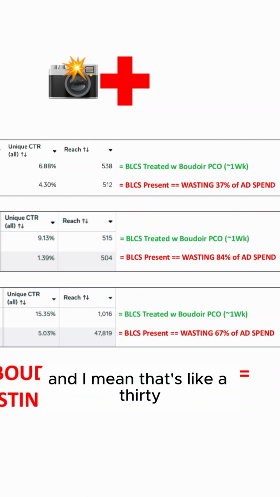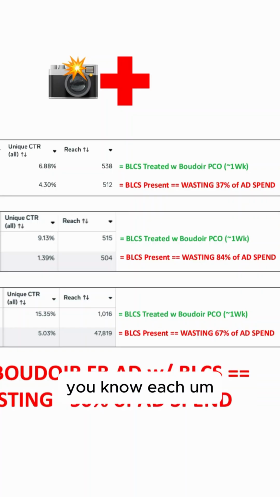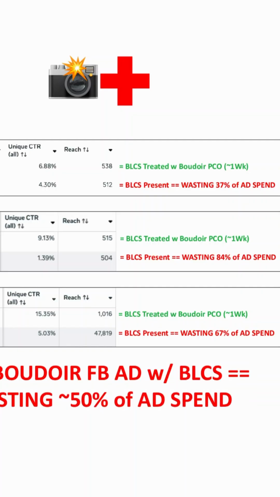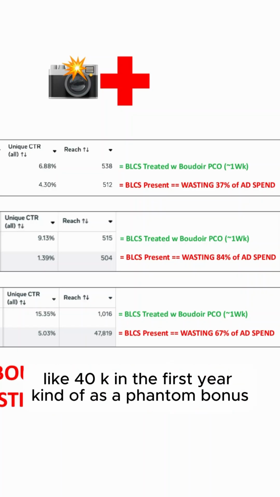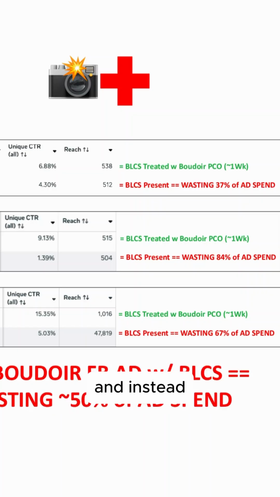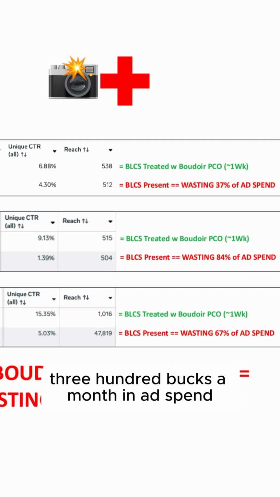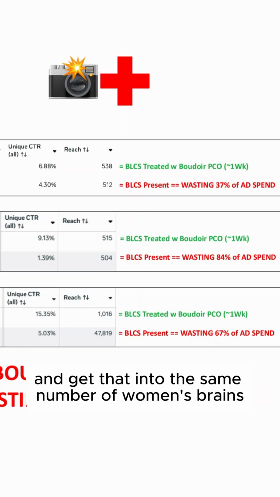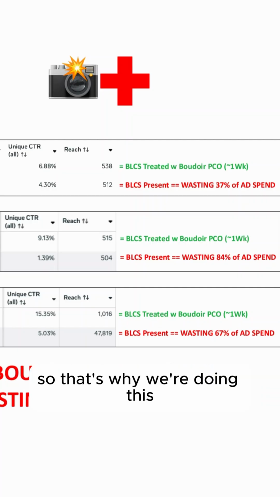That's like a $3,700 bonus each month, actually about 40K in the first year, kind of as a phantom bonus. And instead they can run the Boudoir Pico treated ad at 6,300 bucks a month in ad spend and get their ad into the same number of women's brains as the original at 10 grand a month in ad spend. So that's why we're doing this.